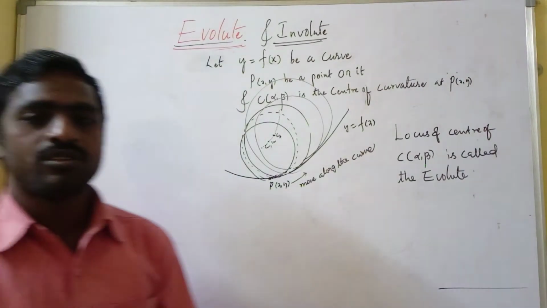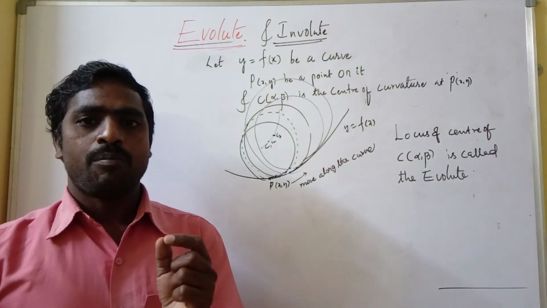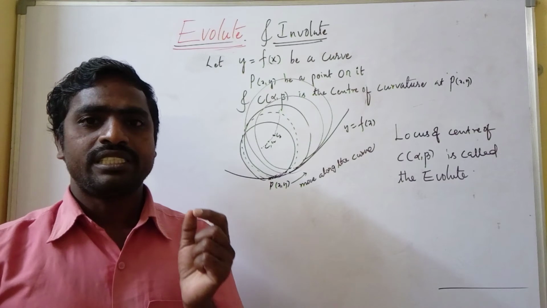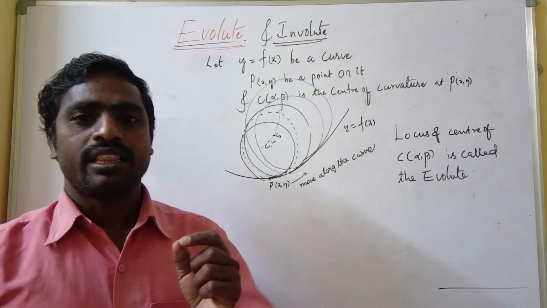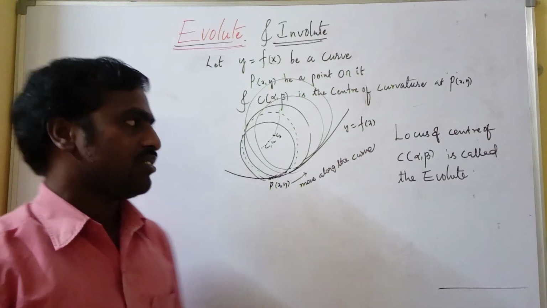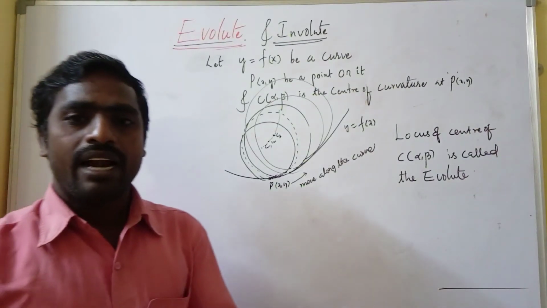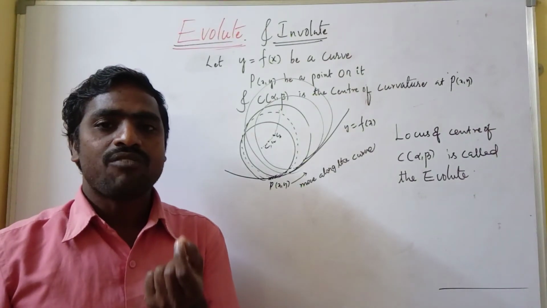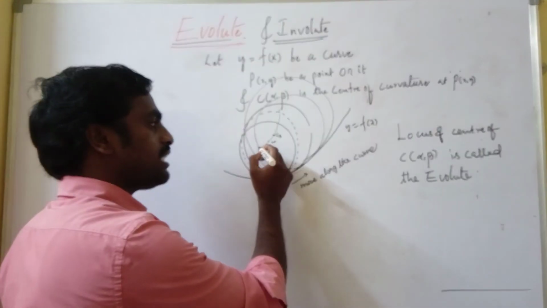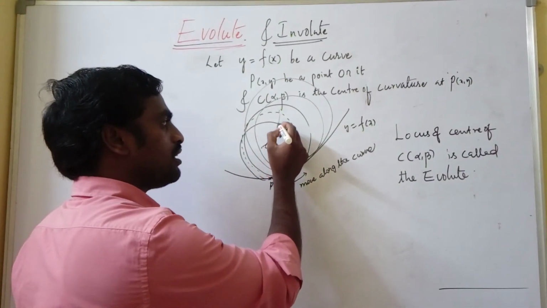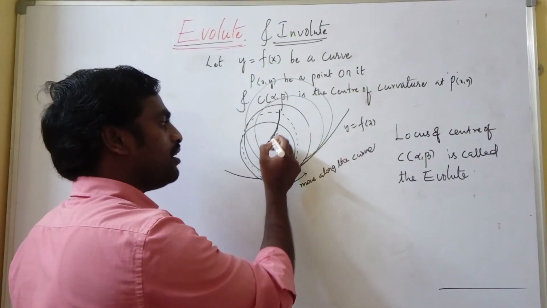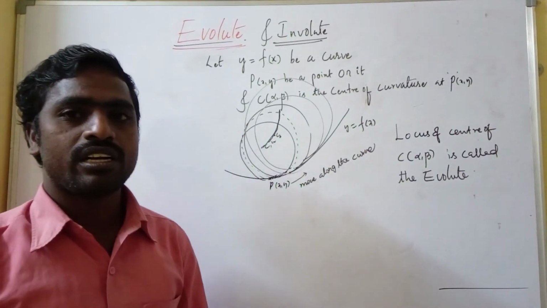So evolute means: P is a point on the curve, and if P changes along the curve, we obtain different circles, and the centers trace one new curve. This curve is called the evolute.